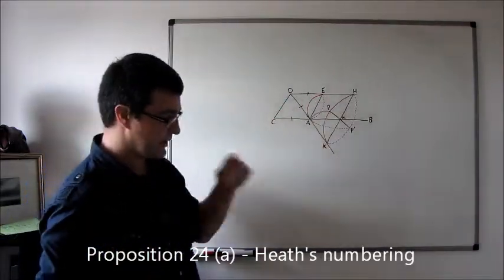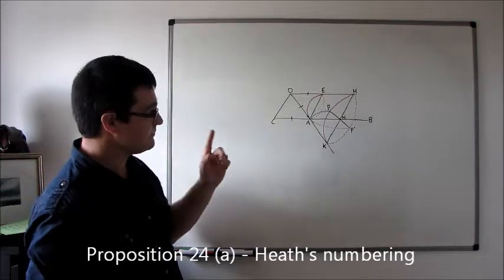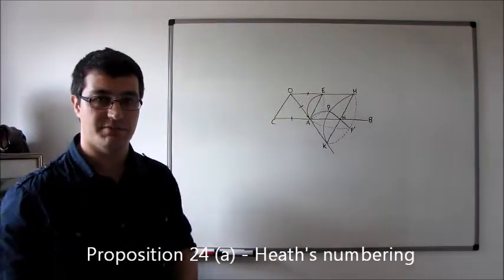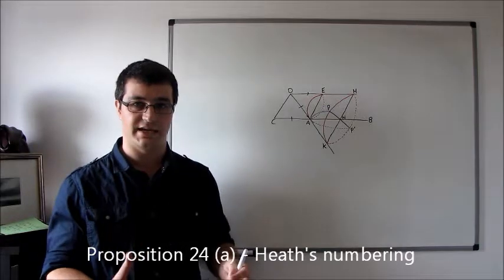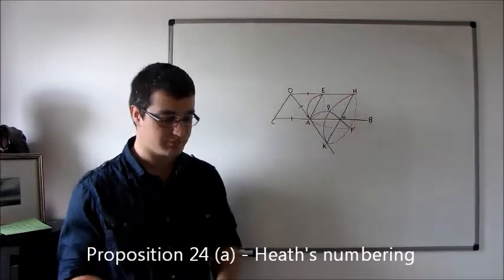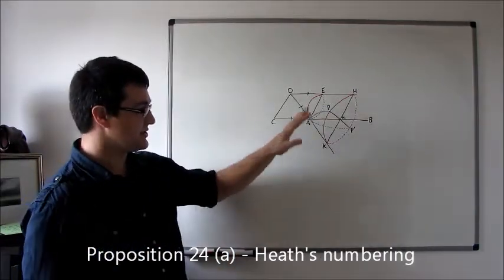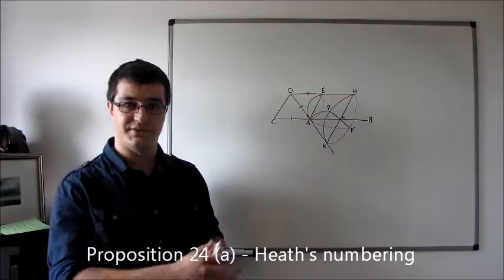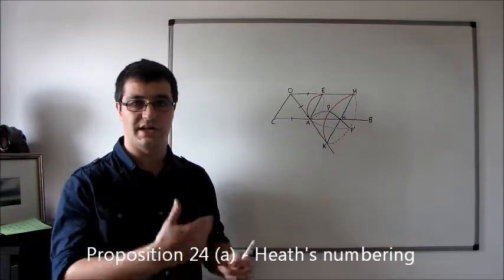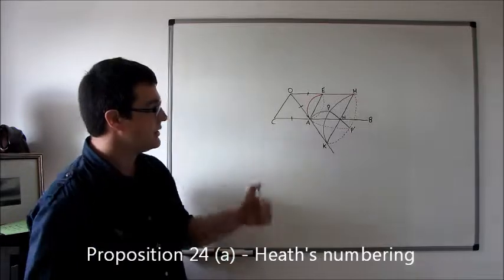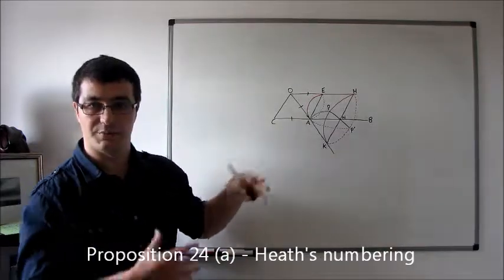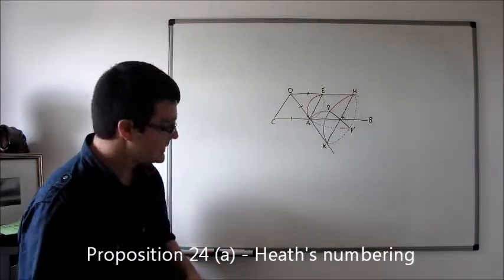The diagram, I'm not going to explain from the outset. Normally I explain the diagram before I actually start, but in this case I'm going to leave that, and the diagram will become more and more clear as we progress through the proof of this proposition.